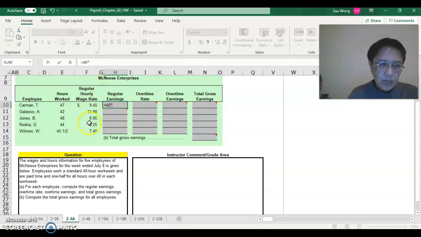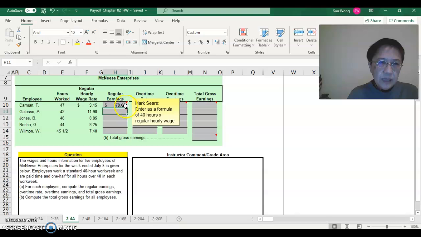F is the regular hourly rate. Then you get $378. Then go back to the H10 box, go to the corner where there is a plus sign, and drag all the way down, and all the amounts will appear.